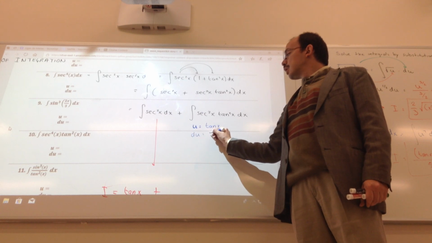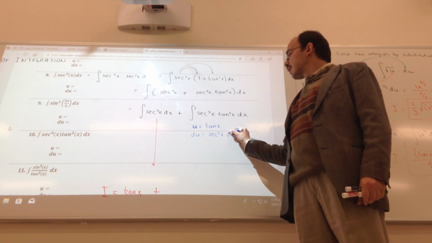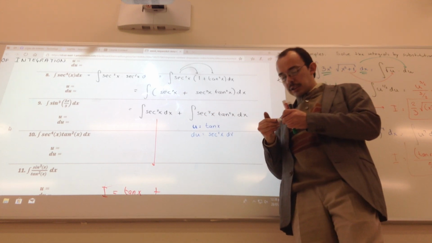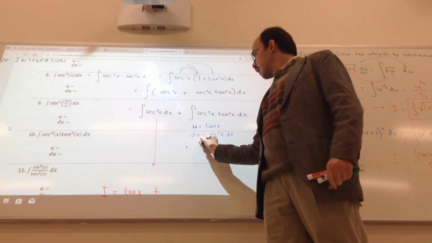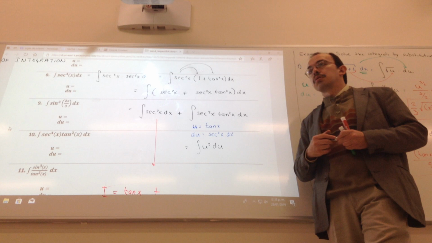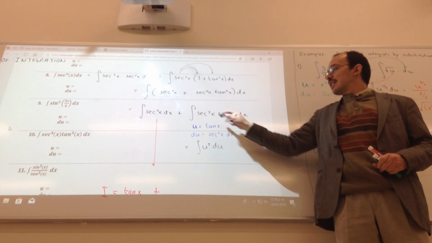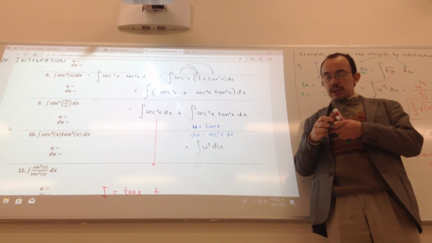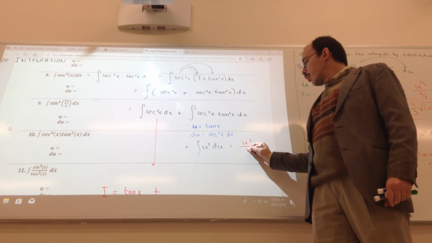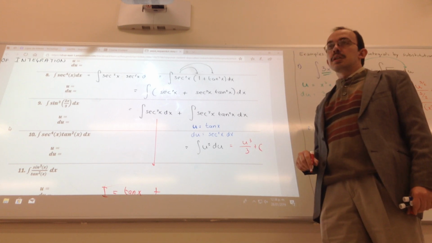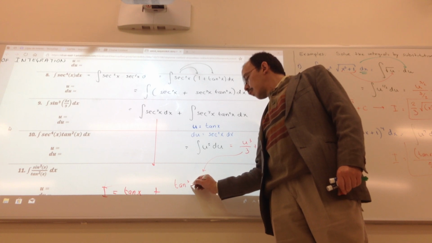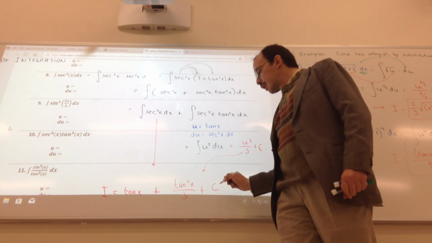The du is secant squared of x dx. Are those in this integral? Yeah. Integral of u squared du. Integral of this: u to the cube over 3 plus c. Tangent to the cube of x over 3 plus c.